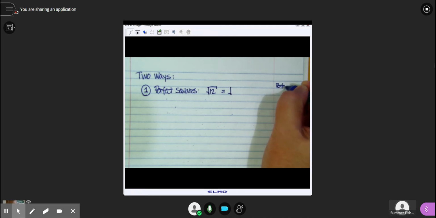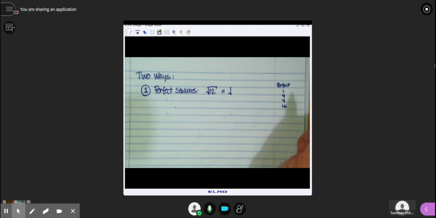It's okay. Perfect squares are 1, and then 2 squared is 4, 3 squared is 9, 4 squared is 16. So just looking at the first 4 perfect squares, will any of those 4 go evenly into 12?